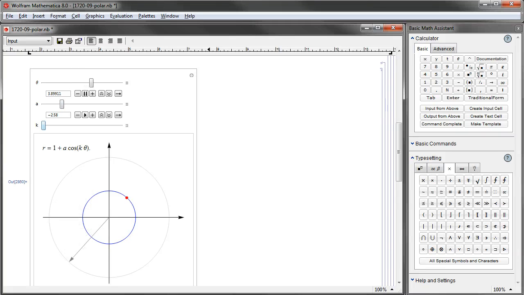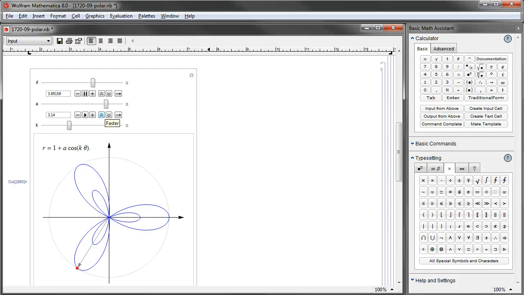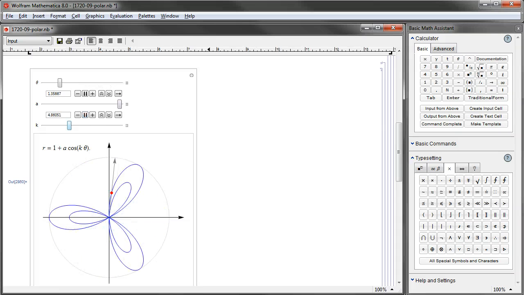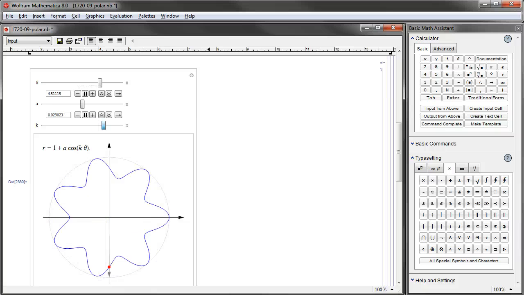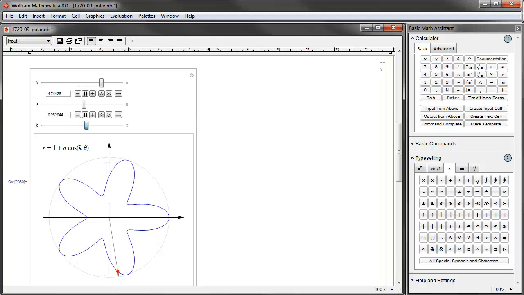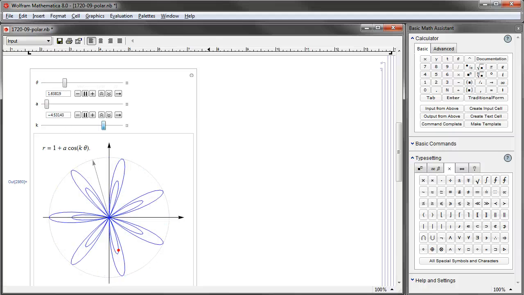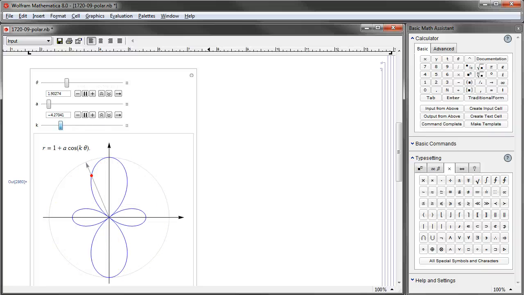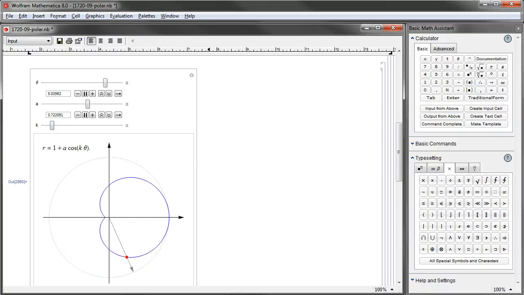Not really interesting, but if I change the k value as well, things are a little bit different. Changing a values changes the shape, and different k values, still different. Let's animate both of them and then change k values at whim. And we have different pictures forming. We have a family of curves kind of like these. Okay, that was fun.